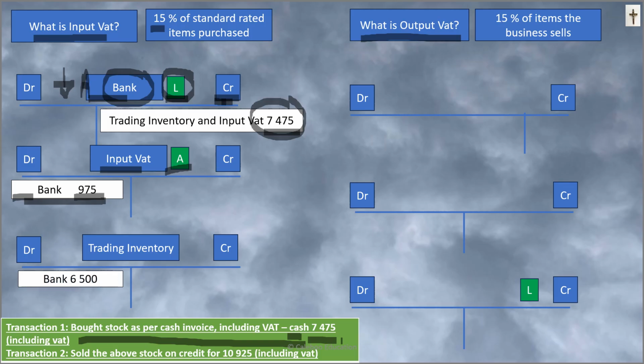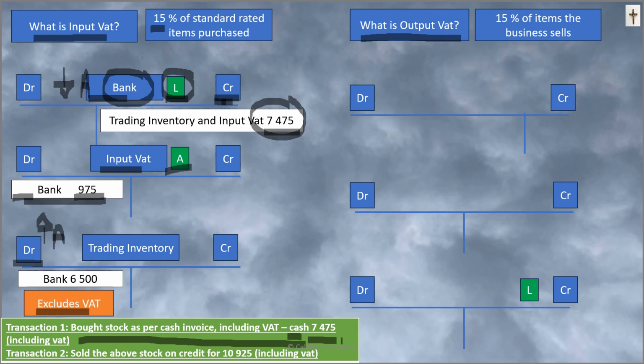Trading inventory was purchased, and trading inventory is an asset. When we purchase stock, the value of our asset, trading inventory on hand, increased, and the rule says we must debit trading inventory. And the amount is excluding VAT.